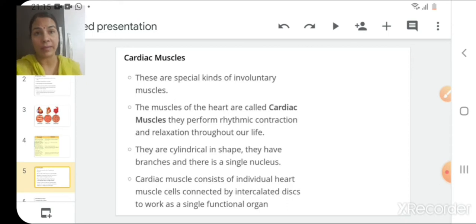Without tiring, these muscles continuously perform their function of contraction and relaxation. They are cylindrical in shape, they have branches, and there is a single nucleus present in them. Cardiac muscle consists of individual heart muscle cells connected by intercalated discs to work as a single functional organ.